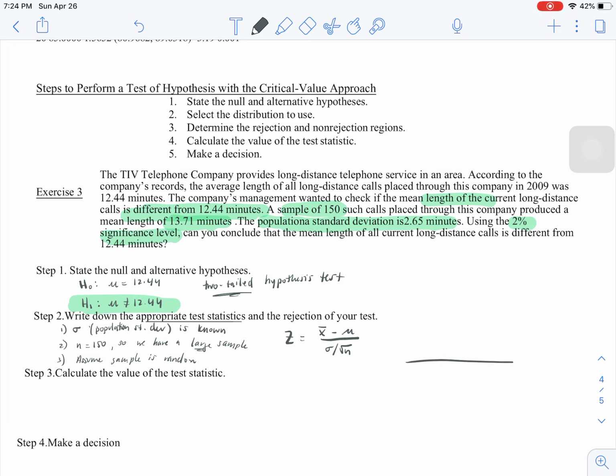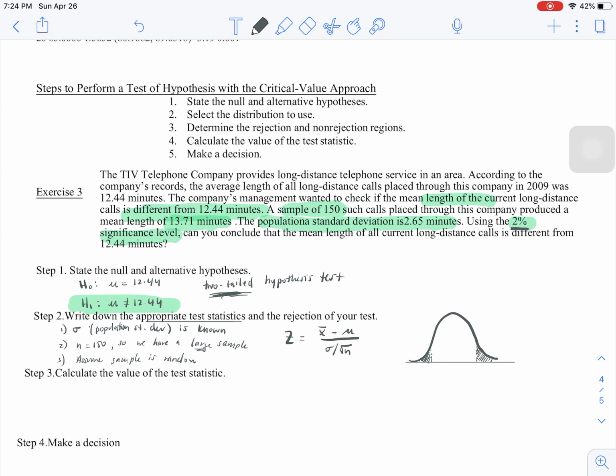Next, we find the rejection region of our test. The rejection region is determined by what kind of tailed test we have. Remember, we said that since our alternative has a does not equal sign, we know that we have a two-tailed test. So I'll draw my normal distribution with two tails.